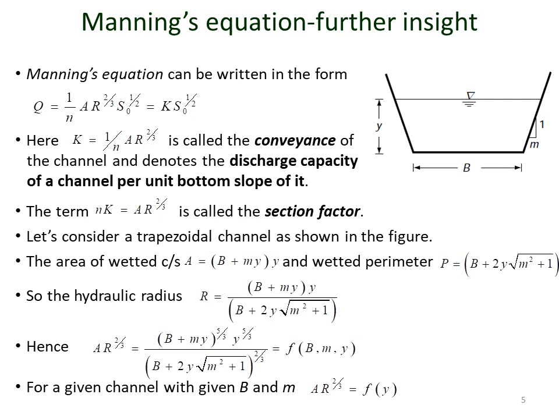And so for this channel, the wetted cross section is given by capital A equals under bracket B plus m y, into y, and the wetted perimeter is given by capital P, which equals B plus 2y under root m square plus 1. So we can calculate the hydraulic radius, of course, by dividing the wetted cross section by the wetted perimeter, which is given by R as shown on this slide.